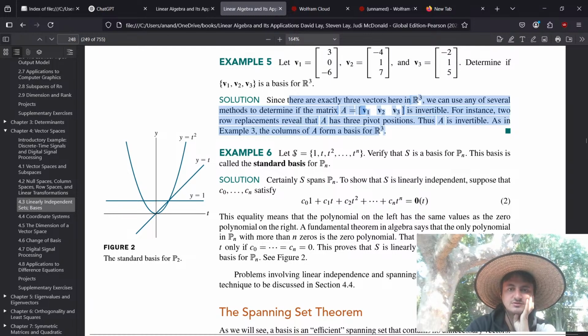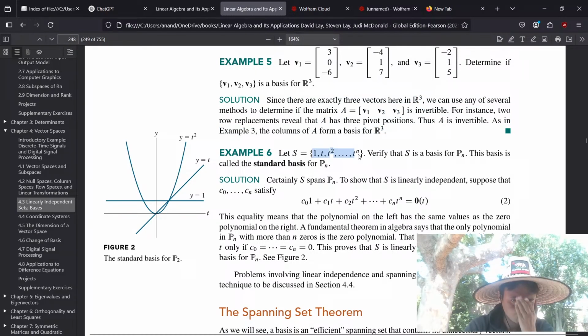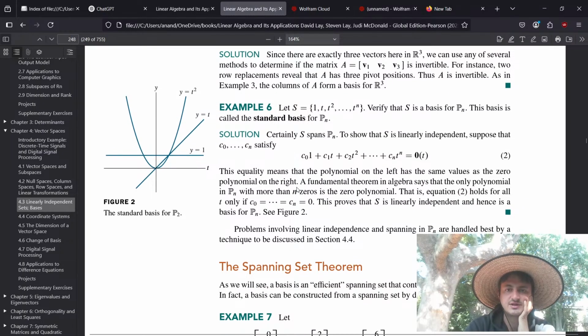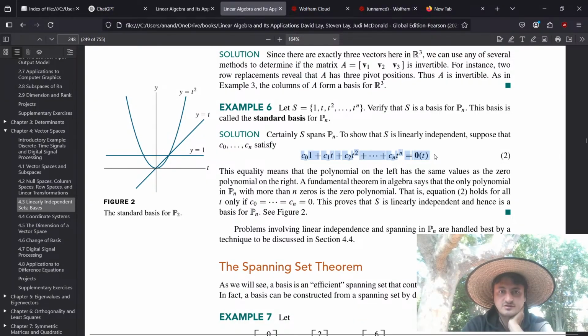Let S equal this set. Verify that S is a basis for Pn, the polynomials of degree at most n. This basis is called the standard basis for Pn. Certainly S spans Pn. To show that S is linearly independent, suppose that c0 through cn satisfy the equation with the linear combination equal to zero. This means that the polynomial on the left has the same values as the zero polynomial on the right.